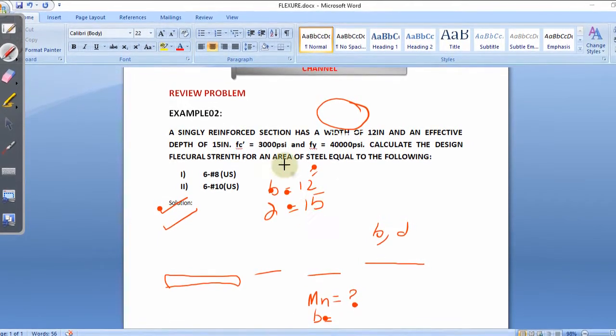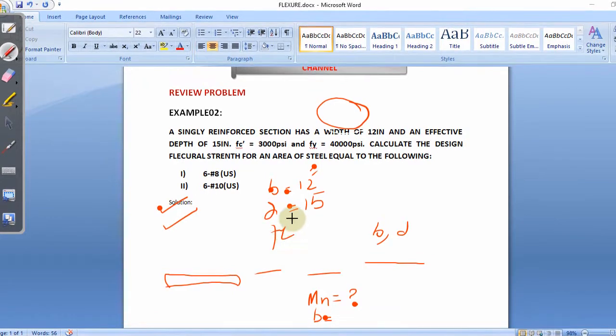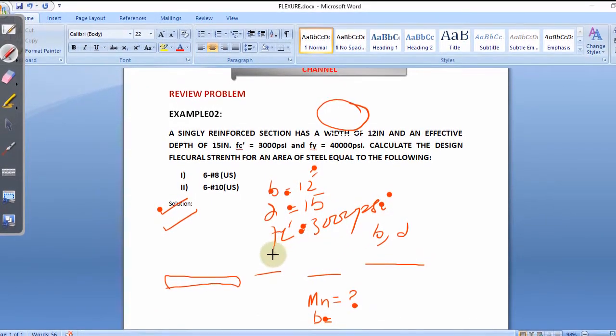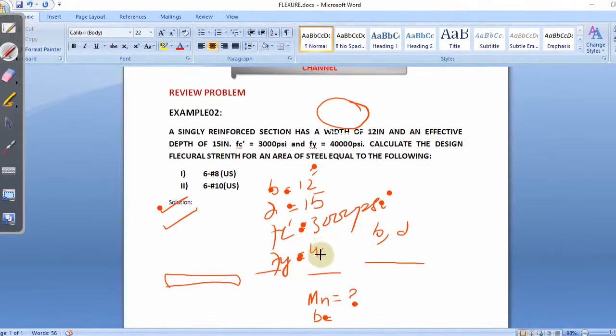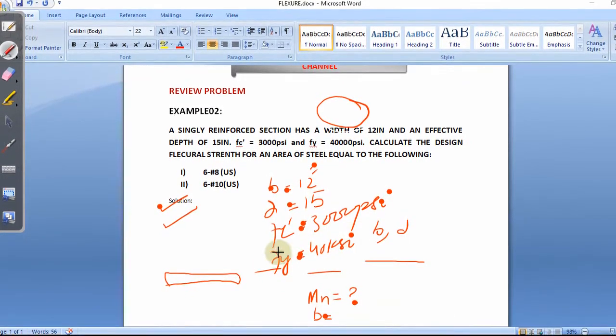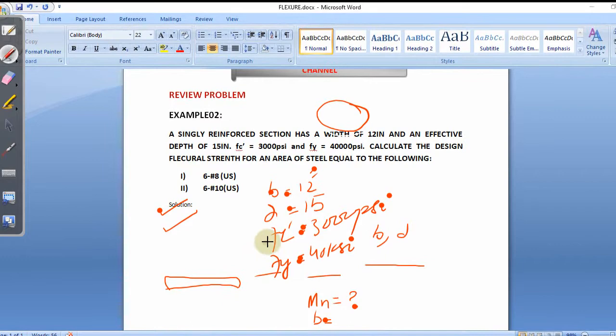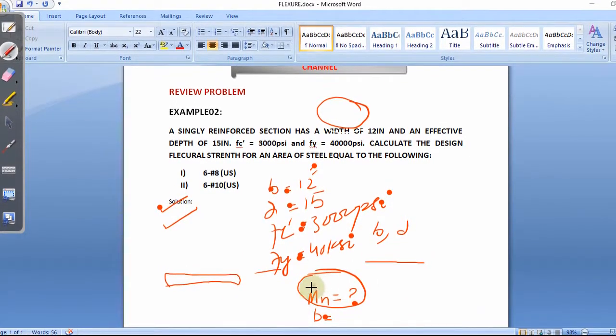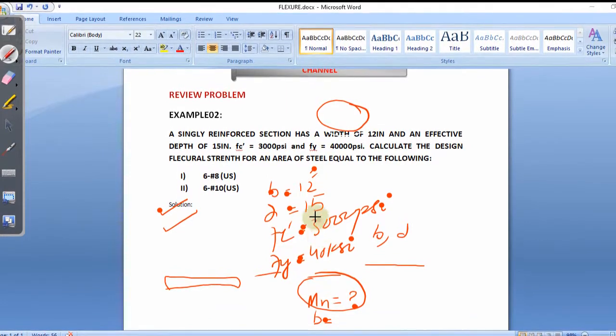And we also see that fc prime is 3000 psi, and fy is 40,000 psi, right? And what we need is the Mn value. So that's why it is a review problem.